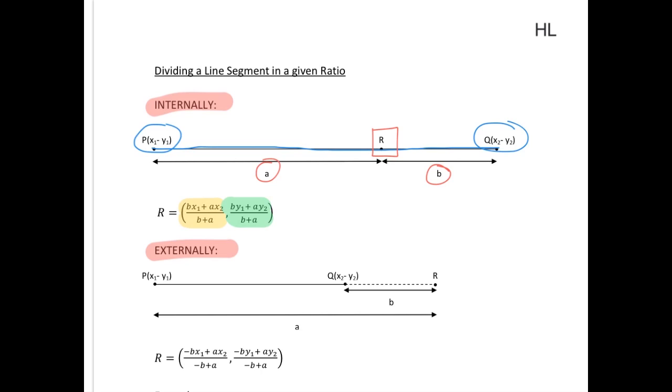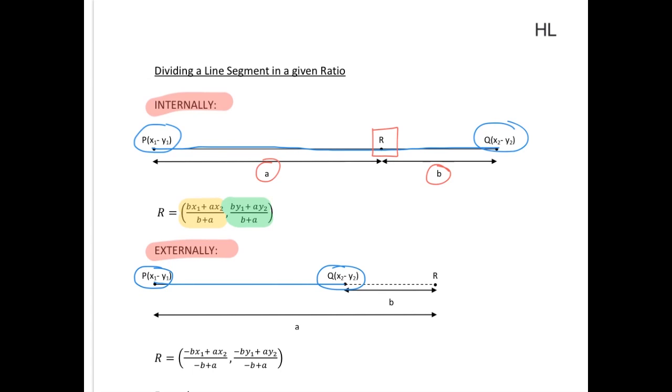If we have a line PQ and we want to divide it into a ratio a to b externally, then we have a slightly different formula. x1, y1 and x2, y2 are the same, the coordinates of P and Q respectively.